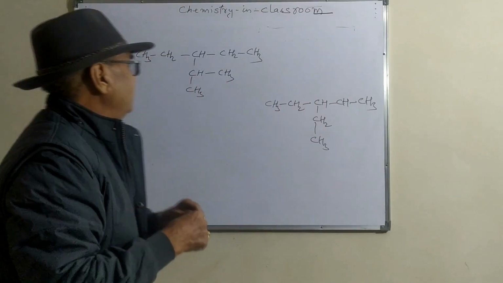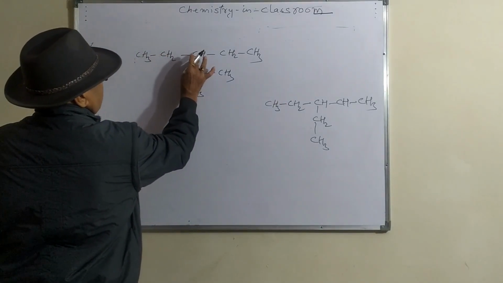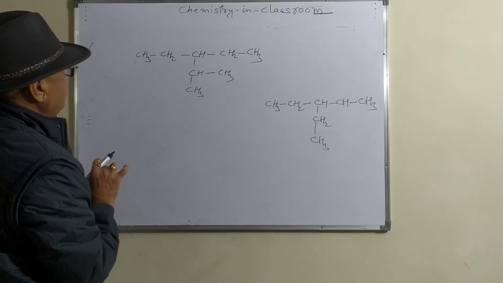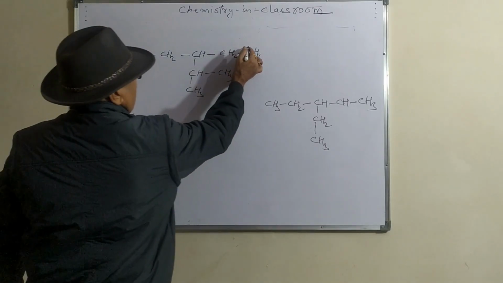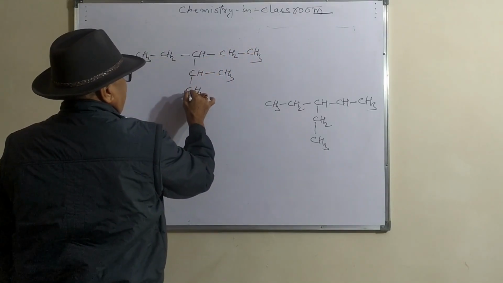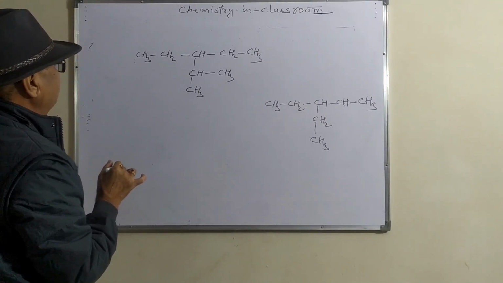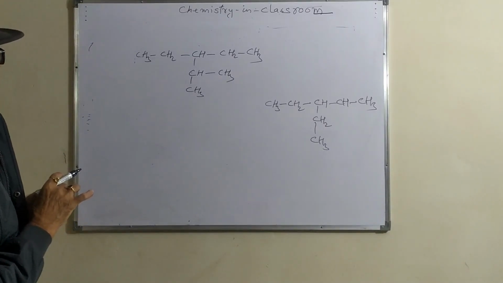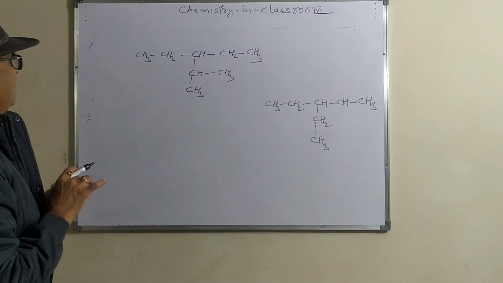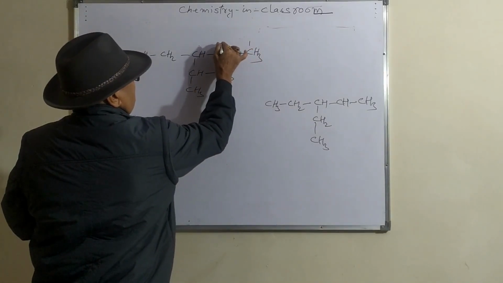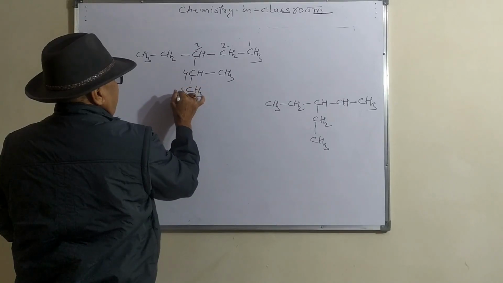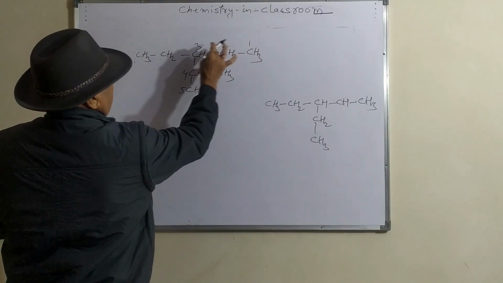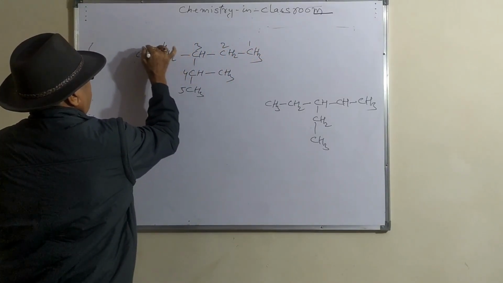Select the longest chain. If you go 1, 2, 3, 4 and 5, this is 1 to 5. And again 1, 2, 3, 4 and 5, and 1, 2, 3. So what will be the name of this compound? 1, 2, 3, 4 and 5, and in this way 1, 2, 3 and 1, 2, 3, 4 and 5.